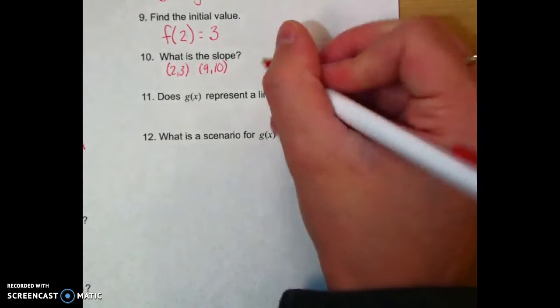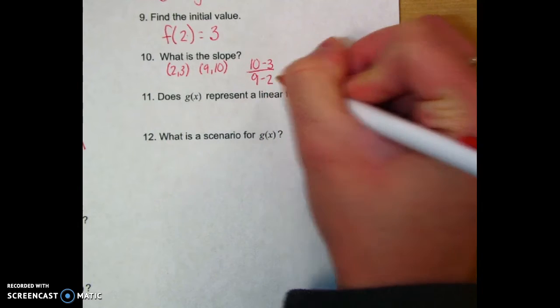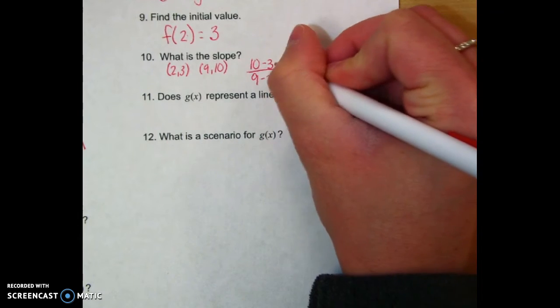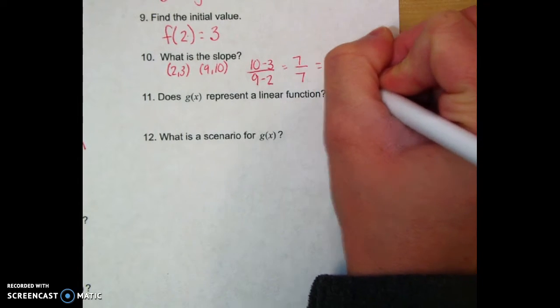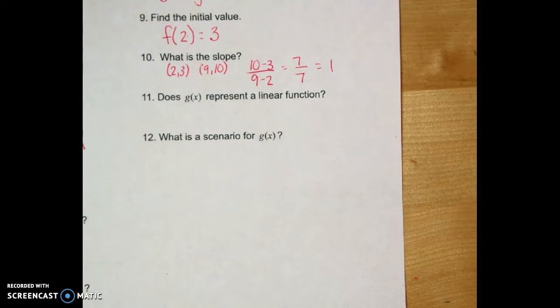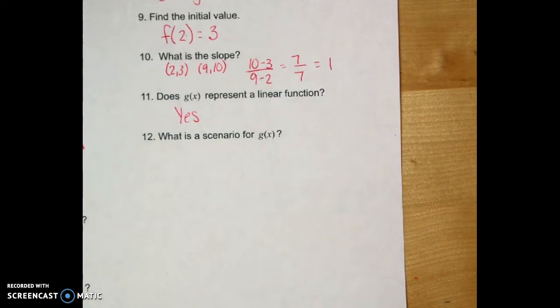Okay, so now I do 10 minus 3 over 9 minus 2. 10 minus 3 is 7, 9 minus 2 is 7, so my slope here is 1. It goes up 1 over 1 each time. Does g of x represent a linear function? Yes, it does. It has the same slope all the way throughout.